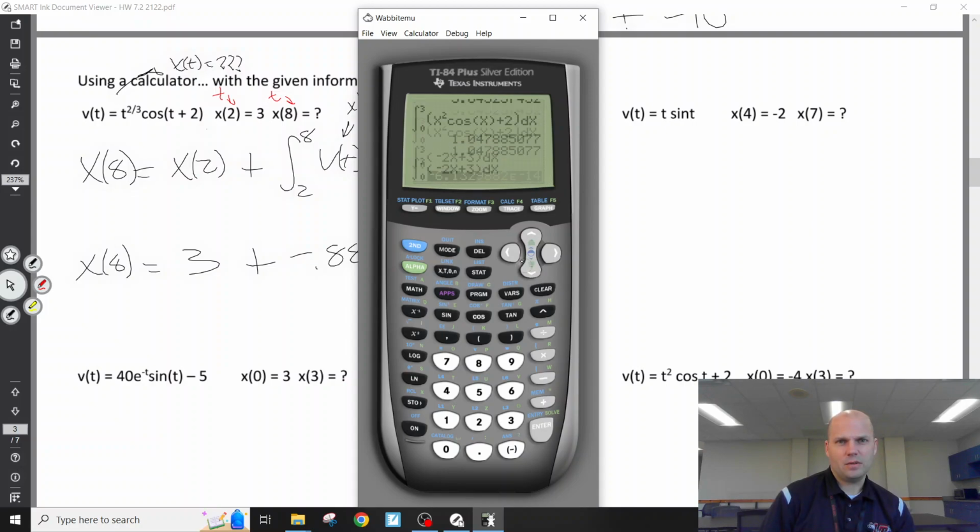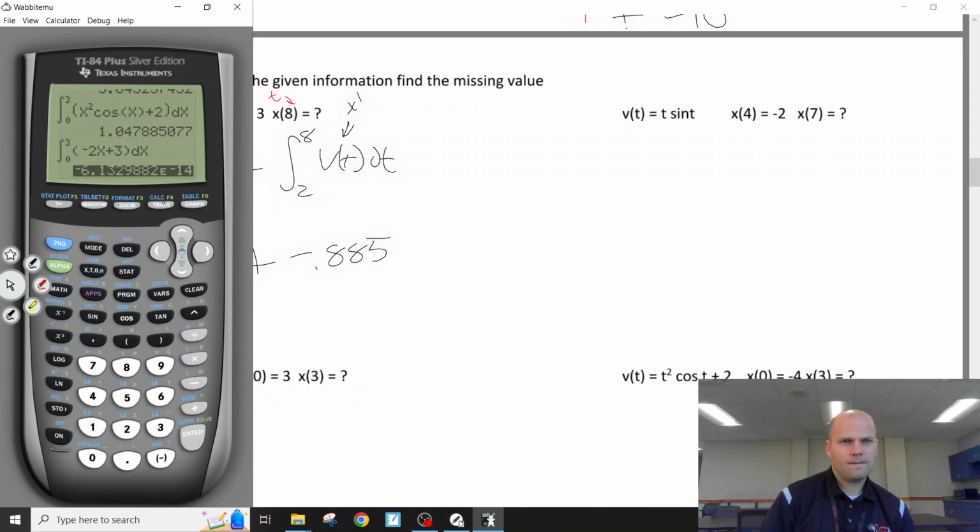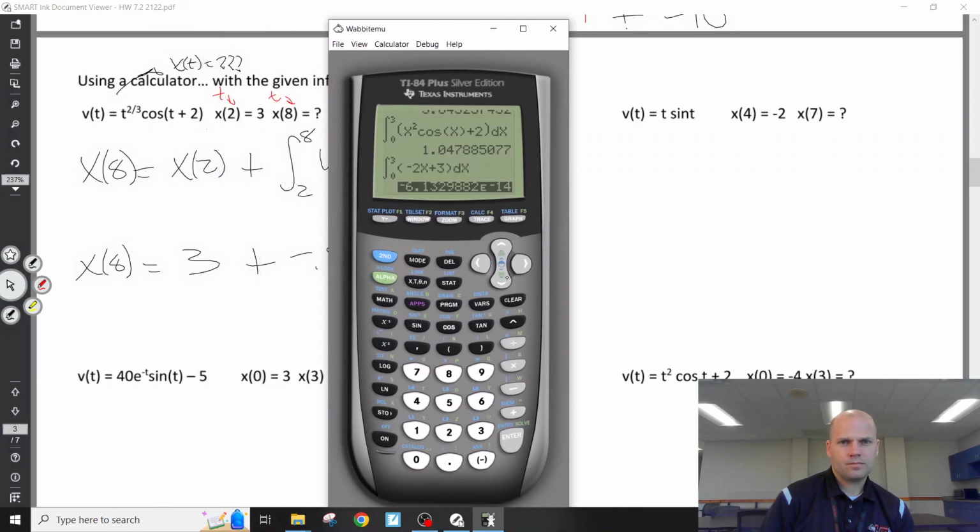I don't know how many we did in the home screen. 2 to 8, t to the 2/3, cos(t plus 2) dt. Is that negative 0.885?